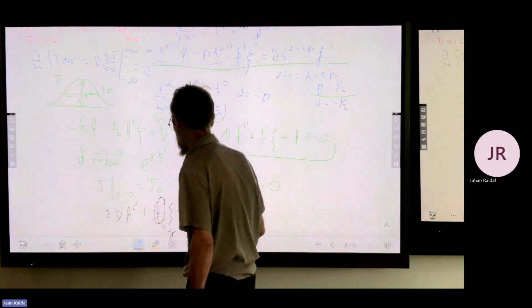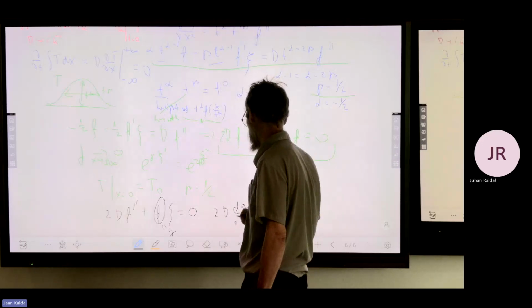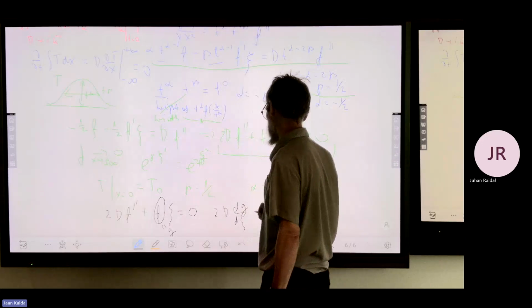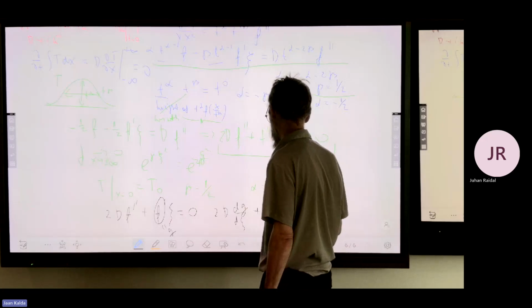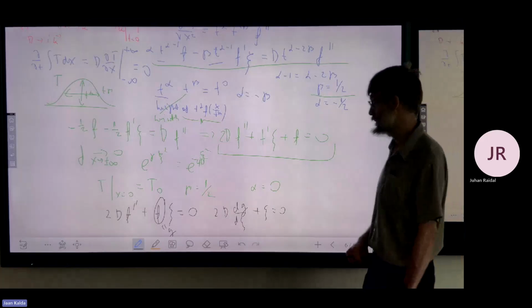So now we have 2d dg divided by dxi plus xi g equal to 0. This is a nice equation with separable variables.